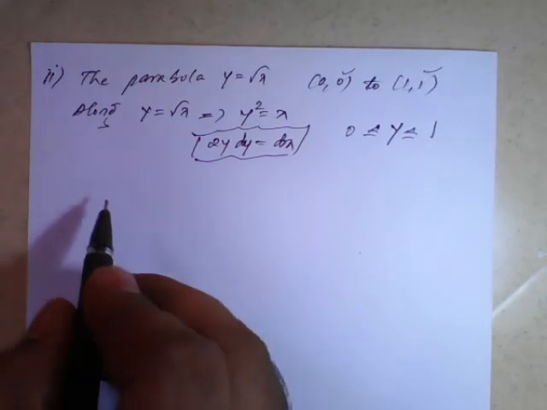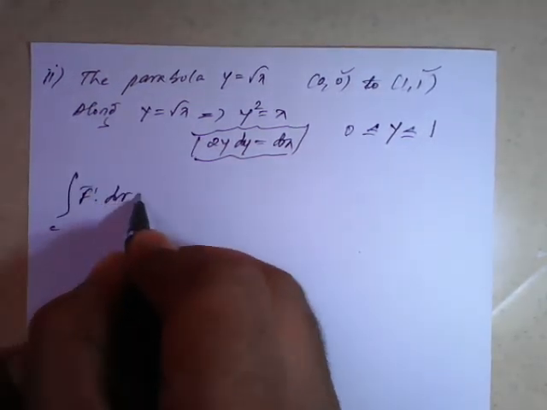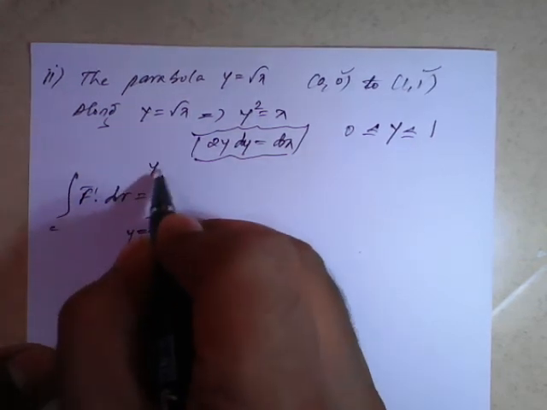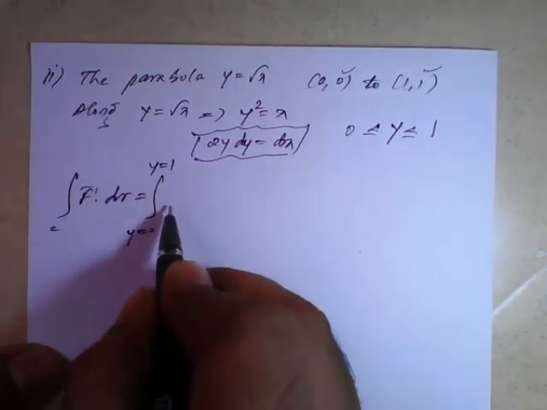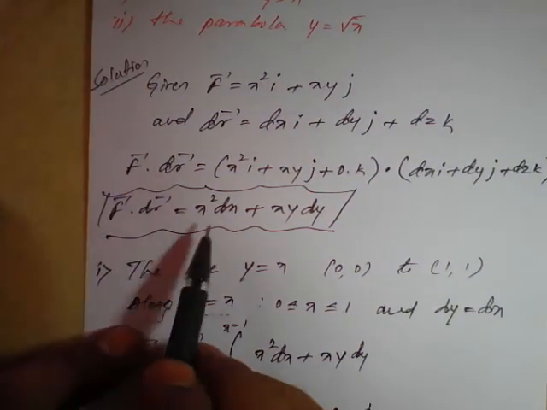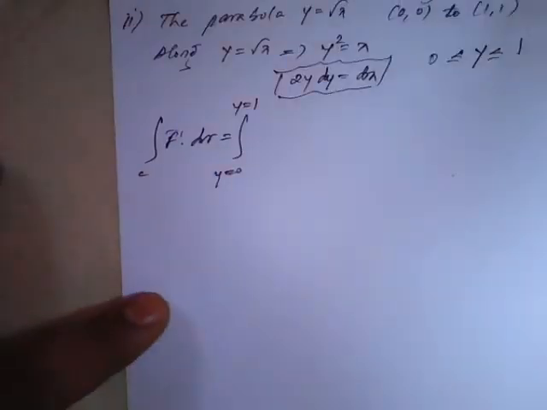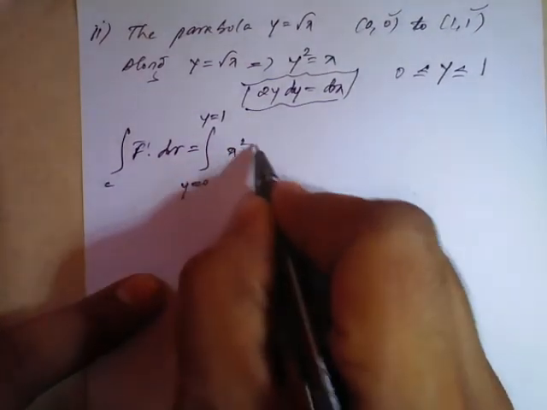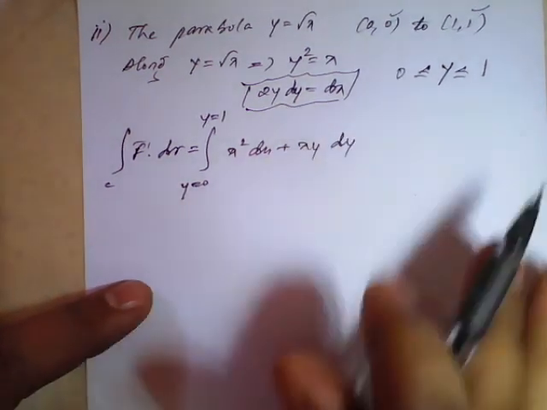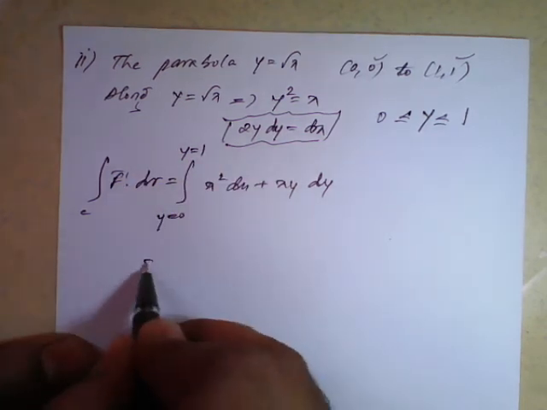So our integration will be vector f dot dr is equal to integration of y from 0 to 1. We know that f dot dr is x square dx plus xy into dy. We write it as it is: x square dx plus xy into dy. We have made all x replaced by y.